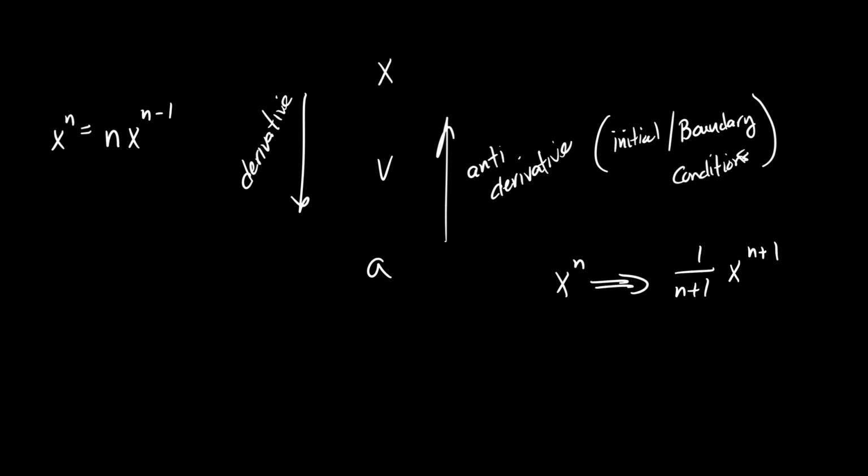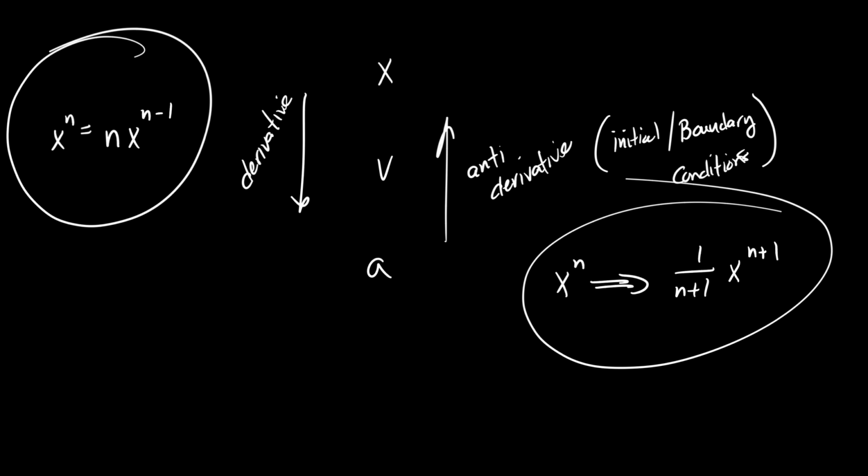Right? Our two processes for moving along this chart. You're fine. And if you could do it, you're okay with just this. Taking the derivative, do this function. Taking the antiderivative, do this. You're good to go. And just don't forget your boundary conditions.